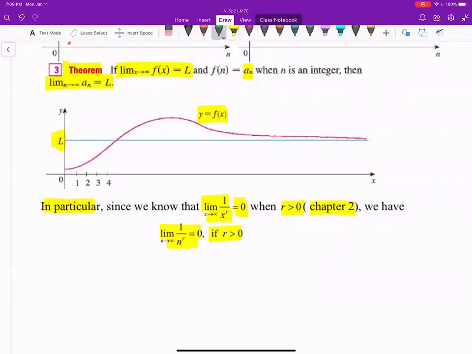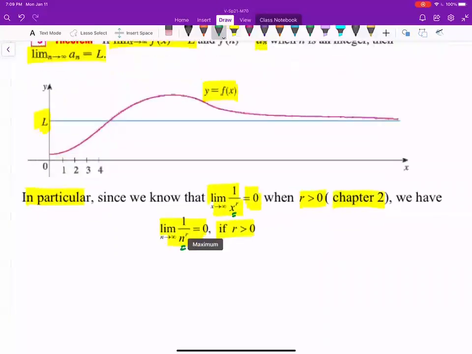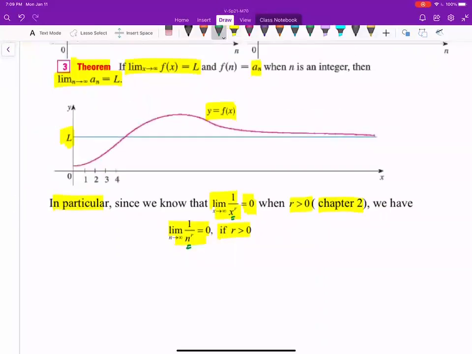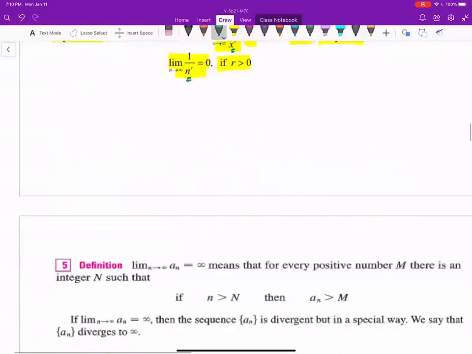Here you notice that this is x and this is n. So by replacing x by n, if you get the nth term of the sequence, then you can derive a conclusion about the limit of that sequence by looking at the limit of the given function. This will be used in several problems.